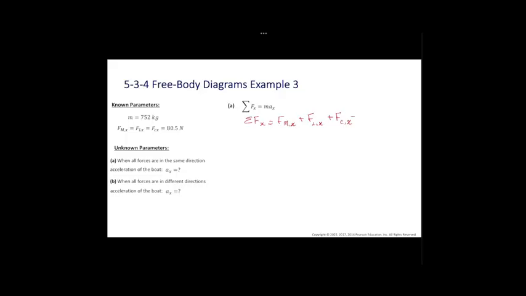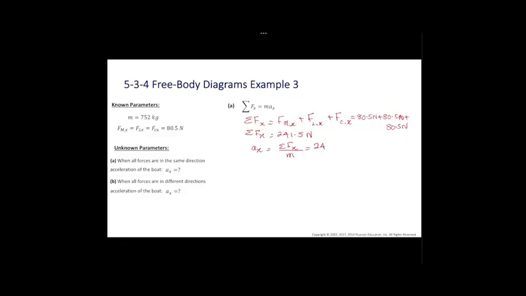So that is equal to 80.5 newtons plus 80.5 newtons plus 80.5 newtons. So sigma Fx is equal to 241.5 newtons.